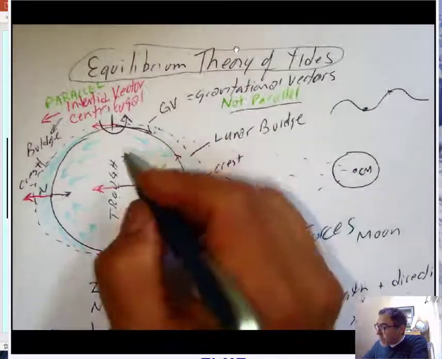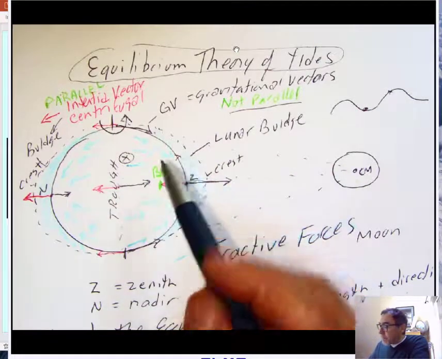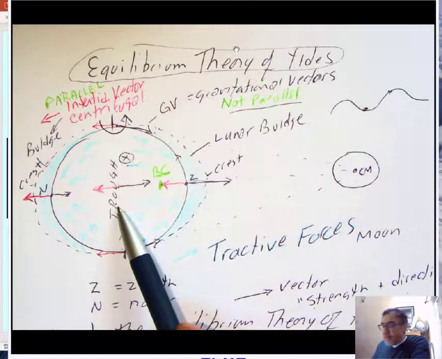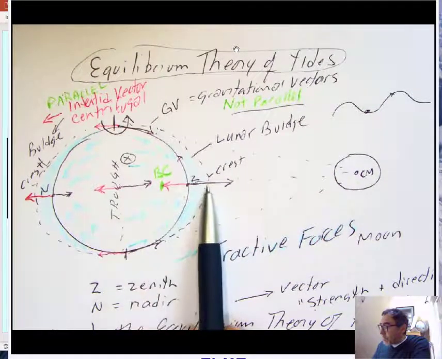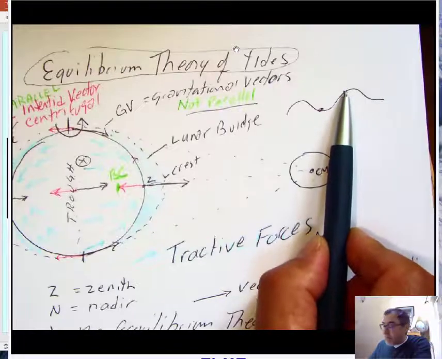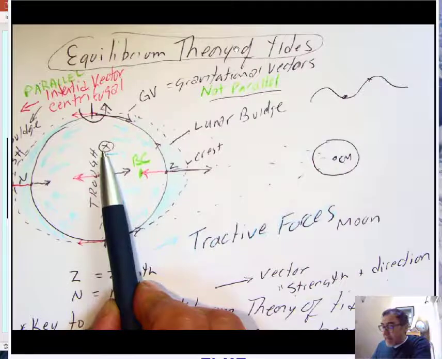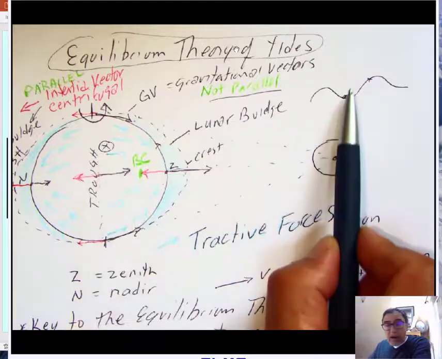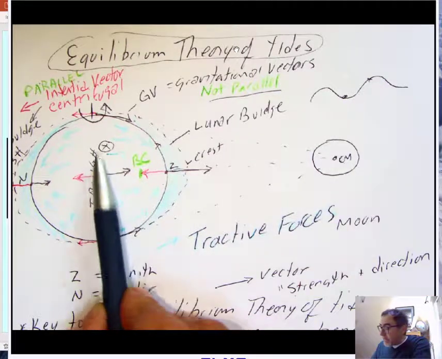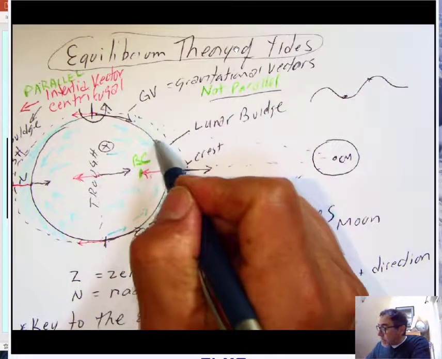And so at this point, if there's an island here, here I have the word trough. Remember the bulges would be the crest of a wave, right? So that'd be like the crest up here, and the trough would be down here. So currently this island is at low tide because it's at a trough, right? But then as Earth spins, 6 hours later, this island is going to be over here, right?